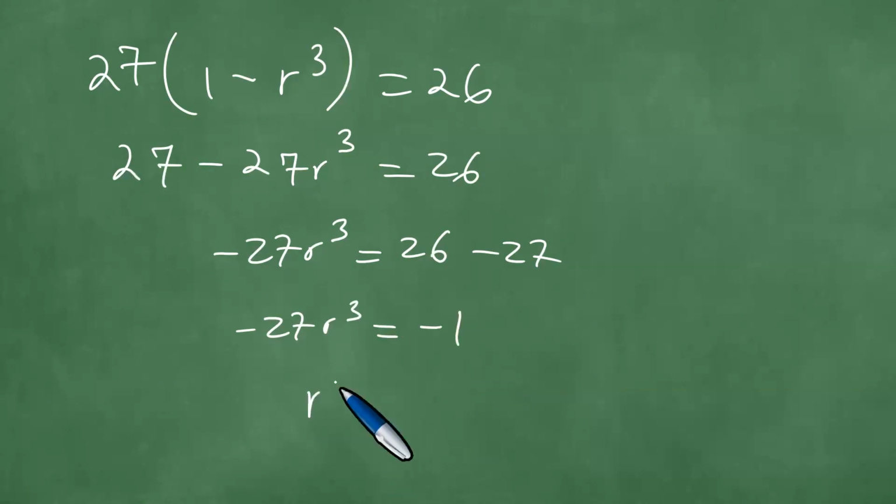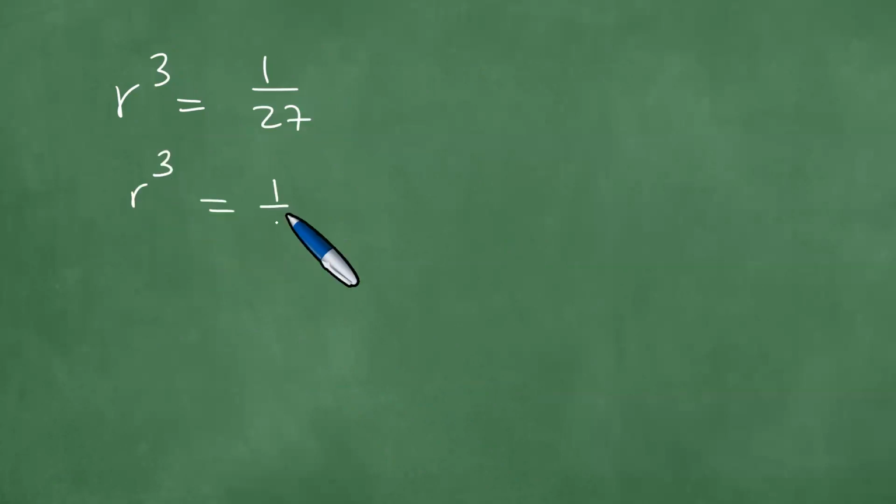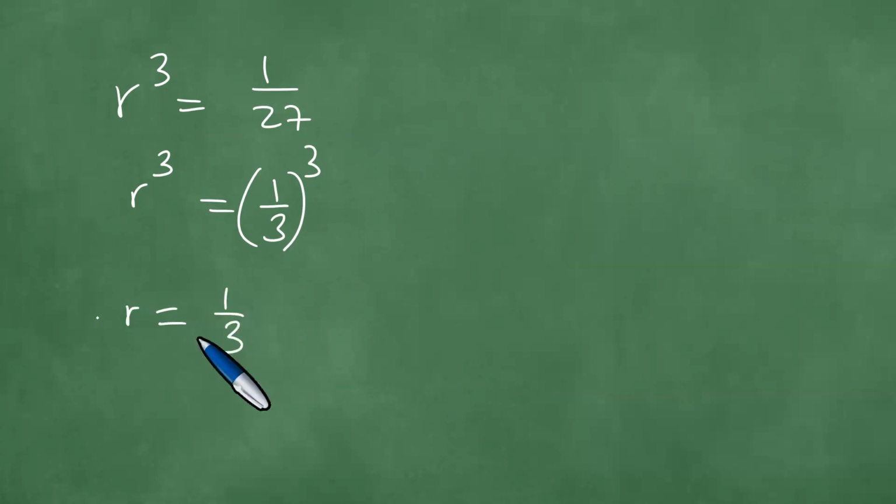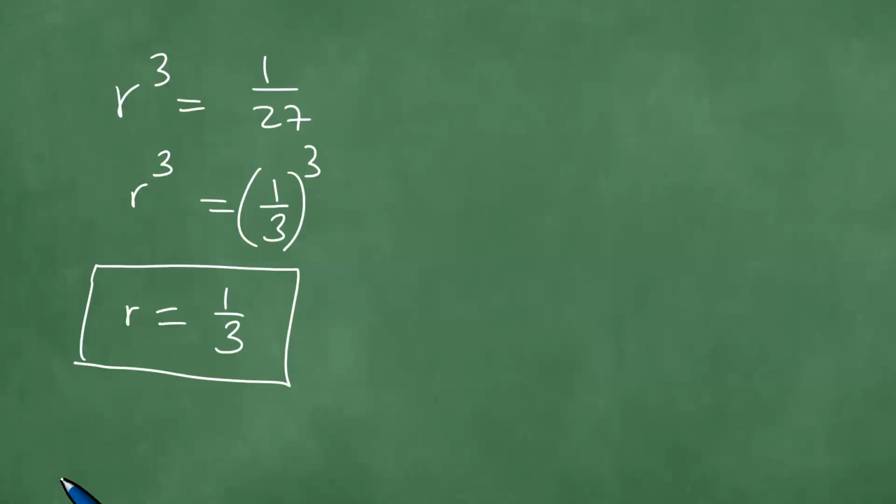So at this point you divide by minus 27, and this gives us r cubed equals 1 over 27, which means that r is 1 over 3, since 27 is 3 cubed. When the powers are the same, you can equate the bases and therefore say whatever the examiner wants is the constant ratio, and it's 1/3 for this question.